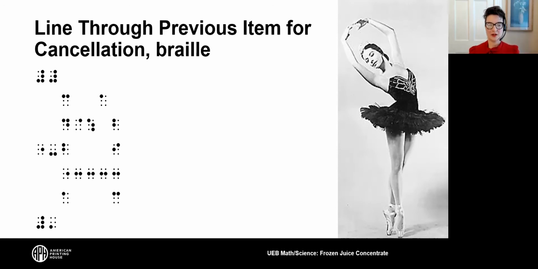Just like the italic terminator, the bold terminator, any type form terminator, it is the indicator followed by a dot 3. And that's one way that the UEB rules are expanded out from one concentrated concept. Terminators have their cell following the indicator as dot 3.